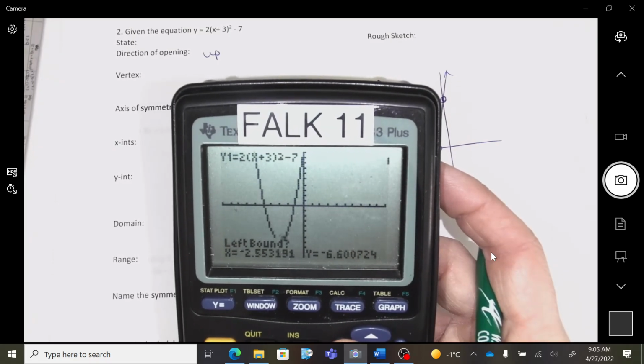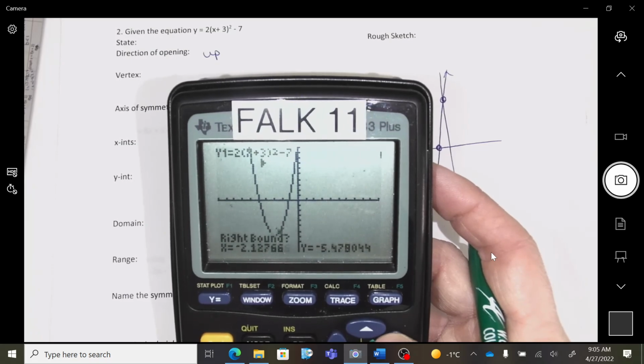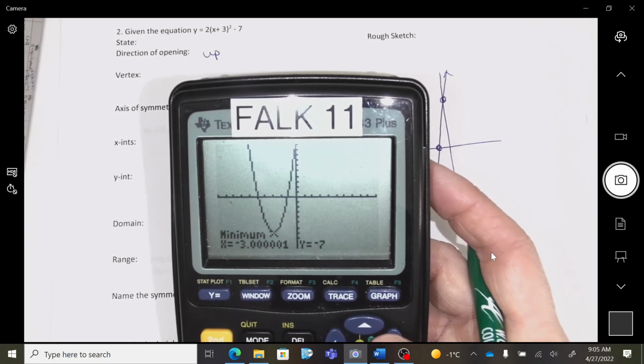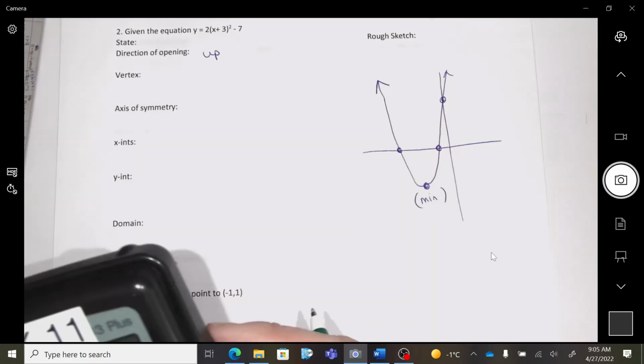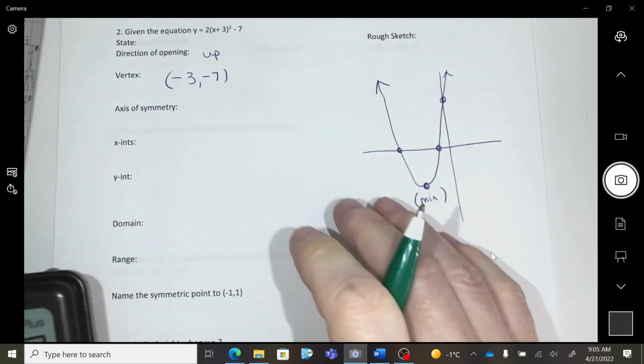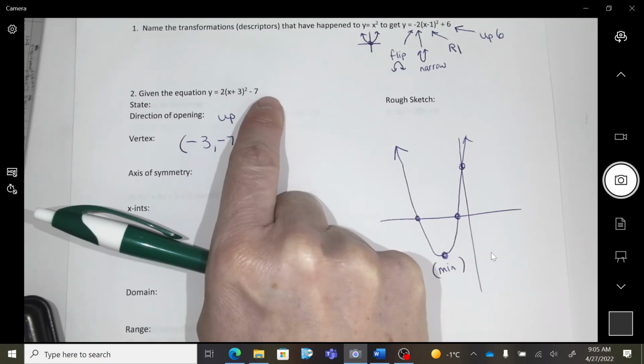Left and right. So -3, -7. And I knew that algebraically because this is left 3, down 7.